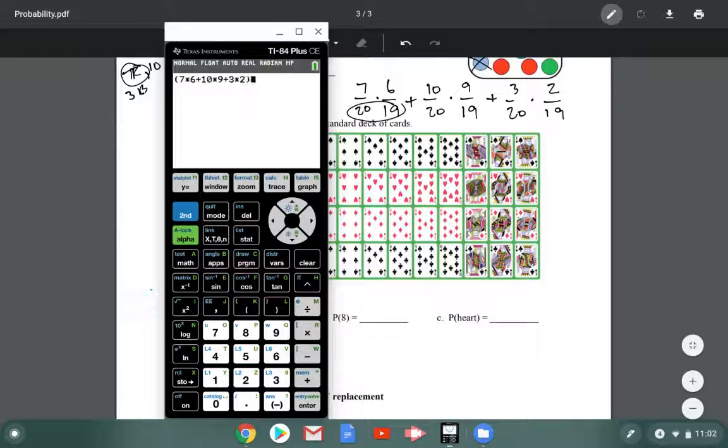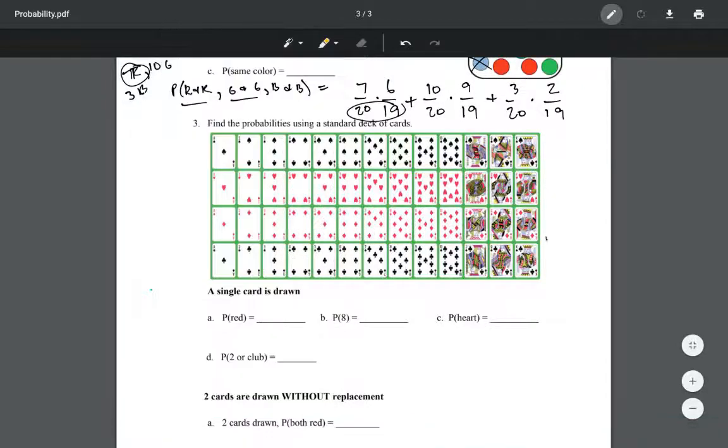So there's my numerator, and then I'm going to divide all of this by 20 times 19. So this gives me my probability, which would be 0.363, but we can also write that as 0.36 or 36.3%. So let's write that here as 36.3%.